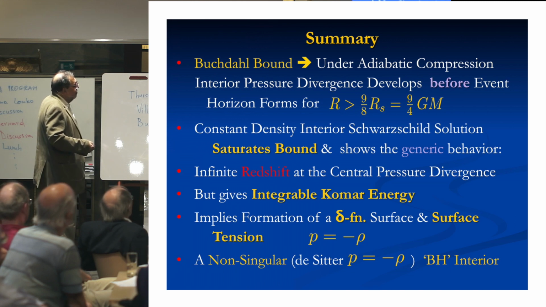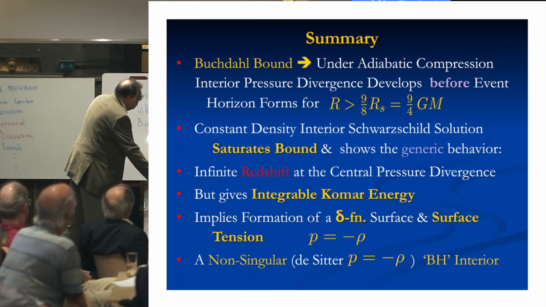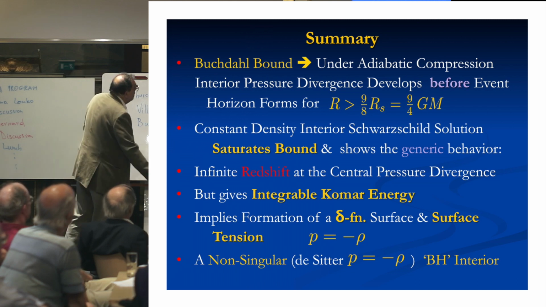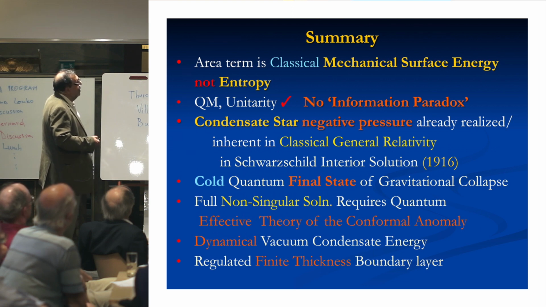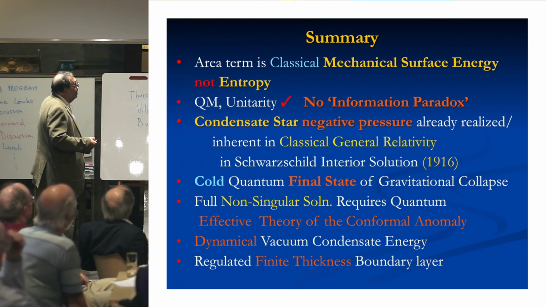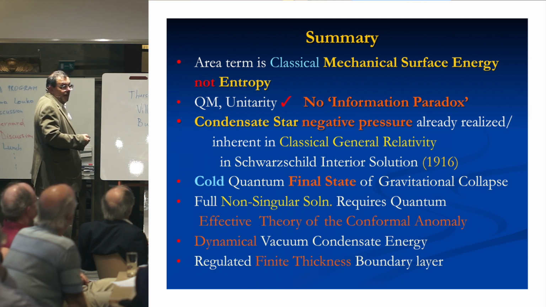integrable as a delta function singularity, a non-singular interior, and the differential form then of the energy is nothing else but essentially classical mechanics generalized to a relativistic system of a mechanical surface energy and not entropy, at least in this realization.